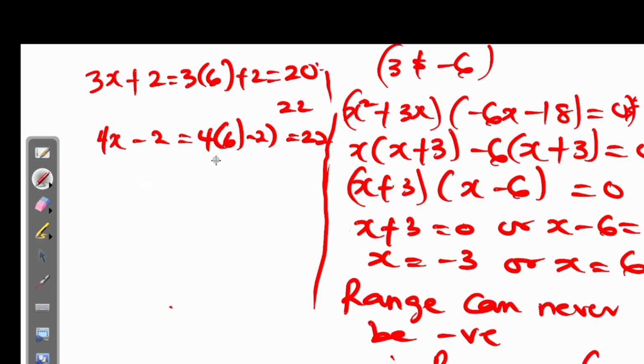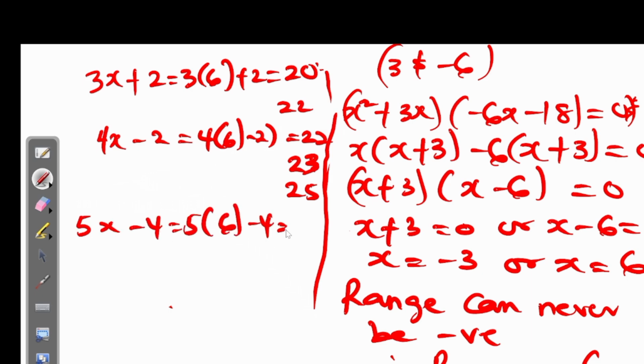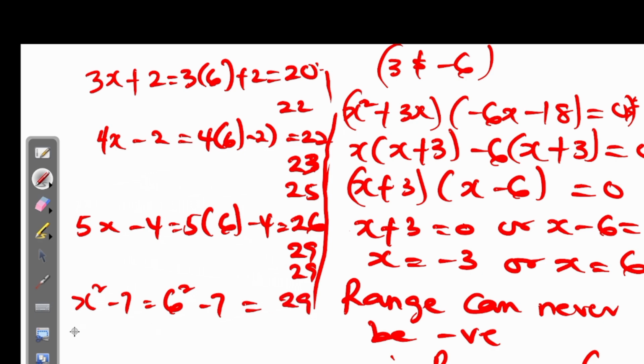The next one, 23. The next one, 25. The next one, 5x minus 4. 5 into 6 minus 4. That will give us 26. The next one, we have 29, 29. Then x squared minus 7. 6 squared minus 7. 6 squared is 36. 36 minus 7, 29.